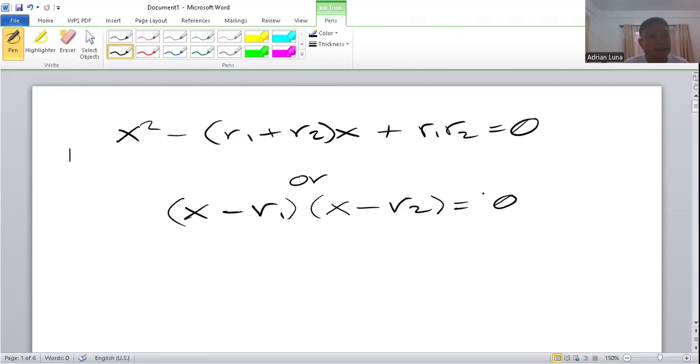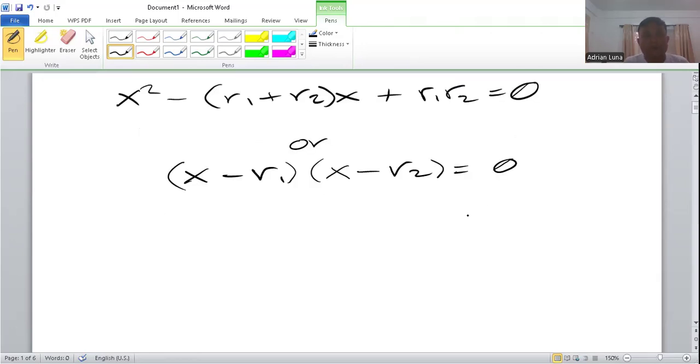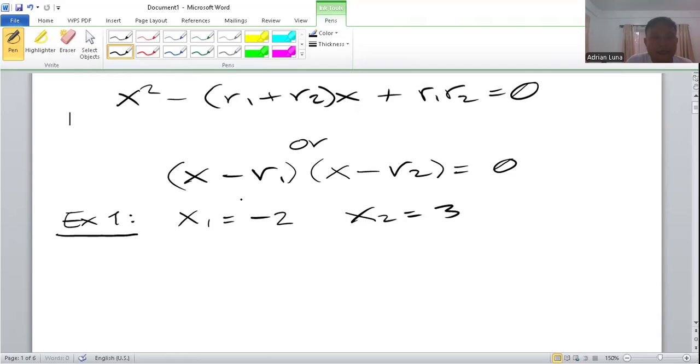All right, so let's move to our first example. Example number 1. If our roots are whole numbers, or integers, x1 is equal to -2 and x2 is equal to, let's say, +3.